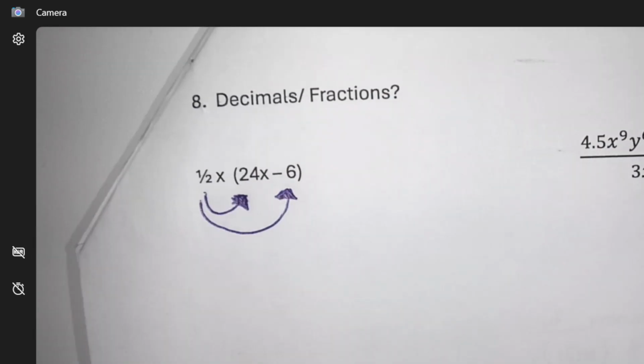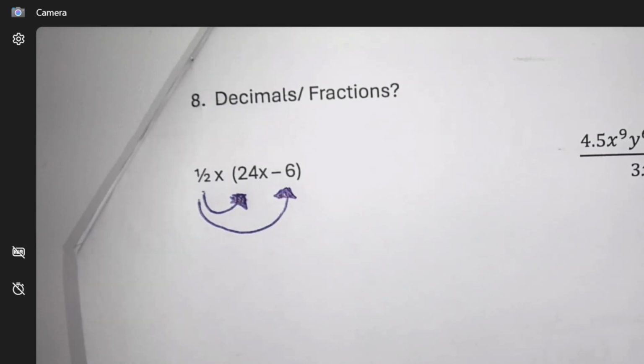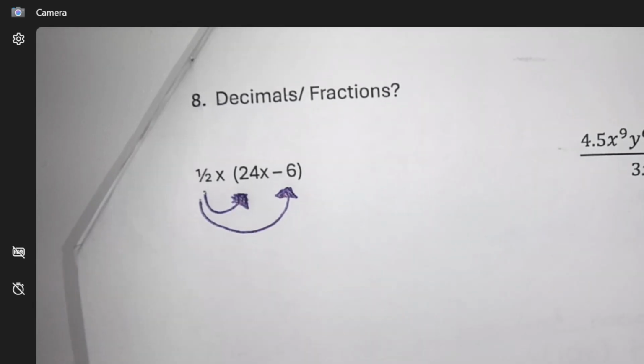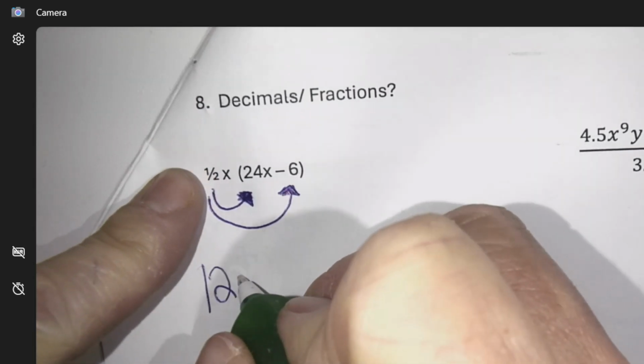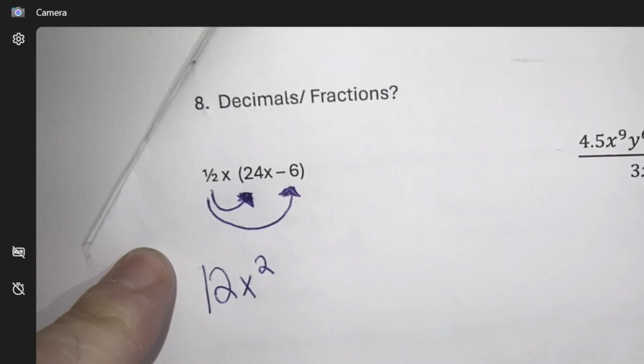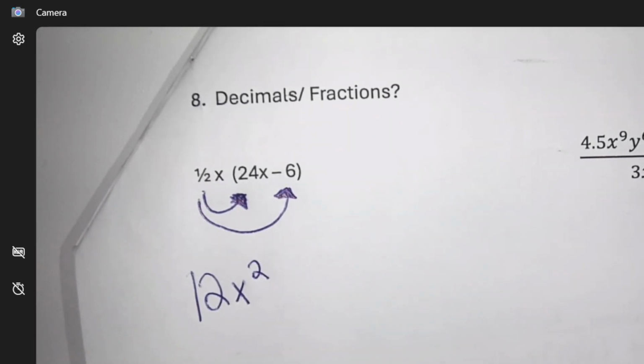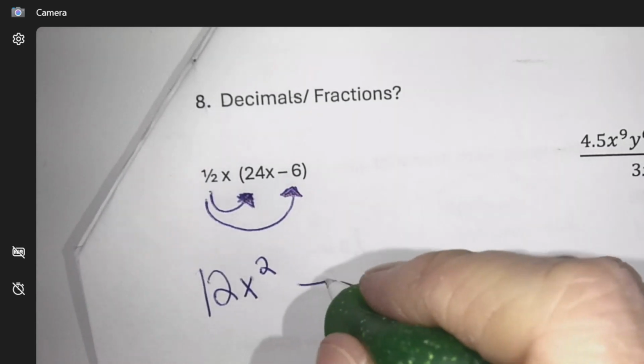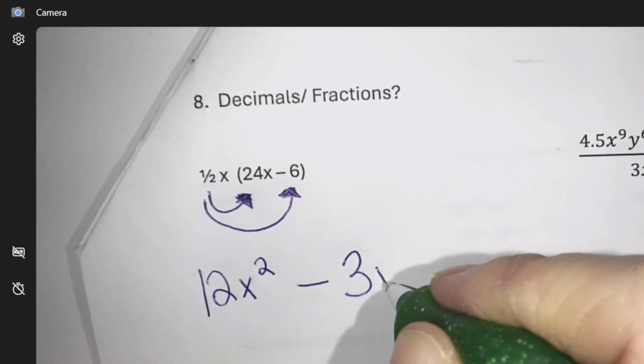I'm going to have to do them both. Okay, so here we go. What is a half of 24? 12x squared, right? The variable part is still the same. What's a half times a 6? Minus 3x.